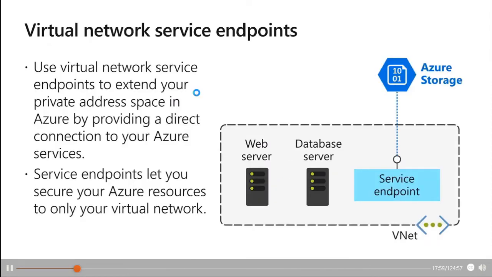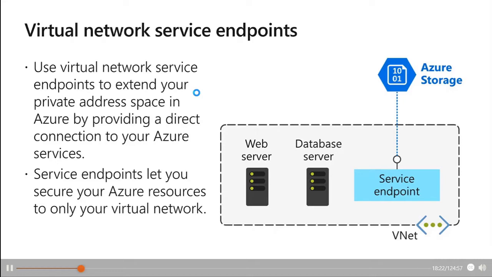Then what about virtual network service endpoints? Virtual network service endpoints are an awesome service because by default, if you don't use this, Azure services that are designed for direct internet access, like an Azure storage account in the diagram that you see over there, need to be reached over the internet.